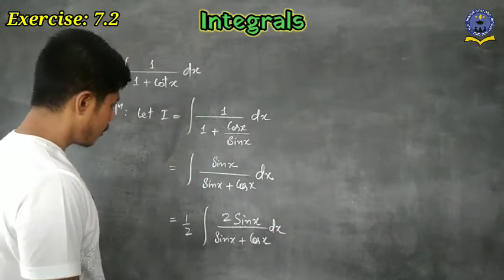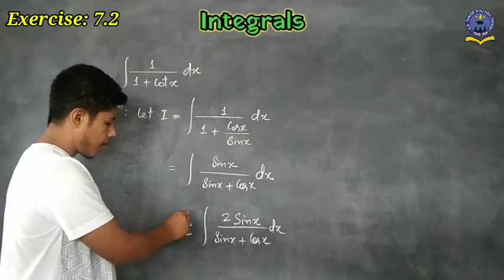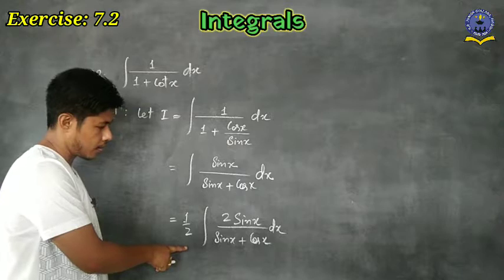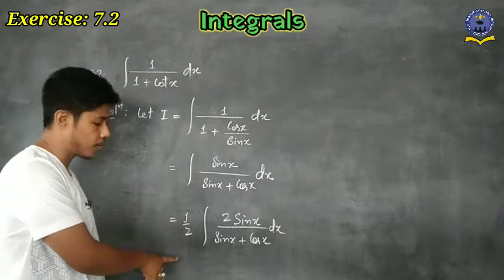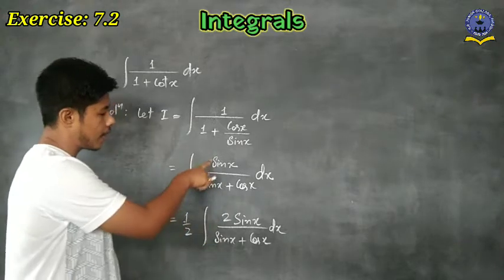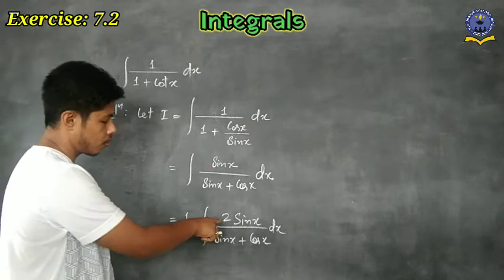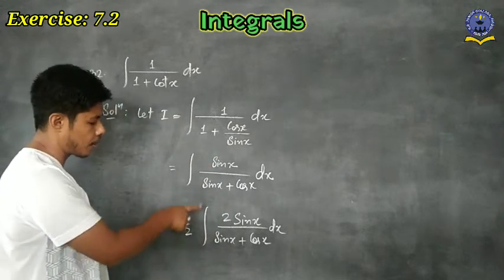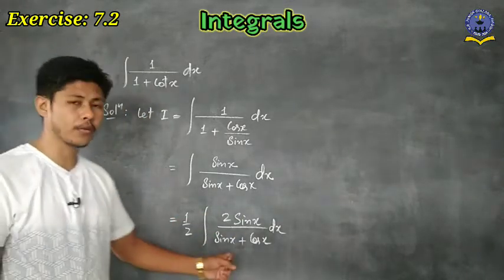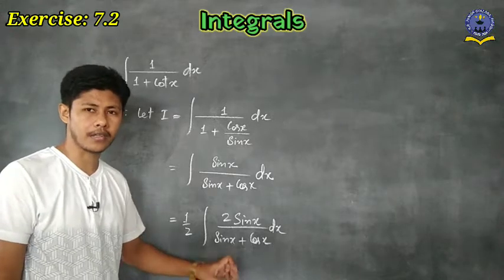Is it clear? So here we have to multiply it by 1 by 2. This step is very important; we have to remember this. So 1 by 2 integration of 2 sin x dx divided by sin x plus cos x. We have to rearrange the result in this way.